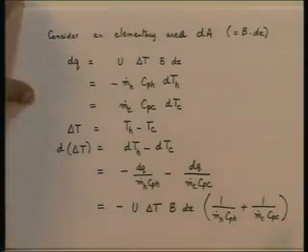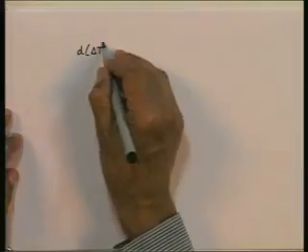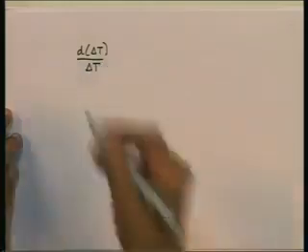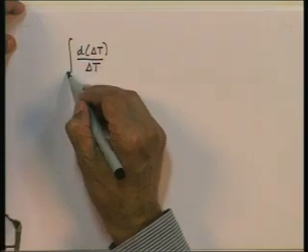Let us integrate this expression from inlet to outlet. Let us rewrite this expression as d delta T upon delta T, bringing the delta T to the left hand side, and integrate from inlet to outlet.